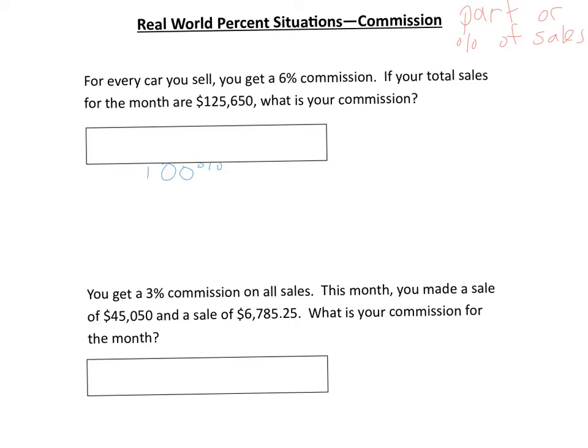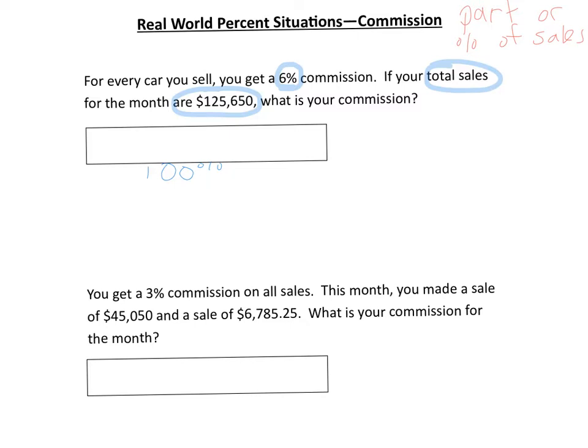For every car you sell, you get a 6% commission. If your total sales for the month are $125,650, what is your commission? When we read this, we see we get 6% commission, and the total sales are $125,650.